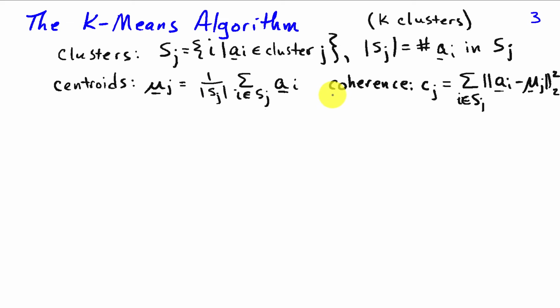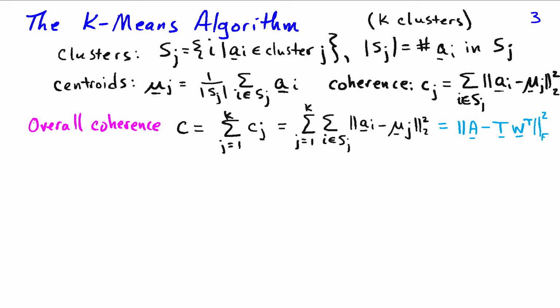Then we'll define the quality of a cluster based on the coherence, which I'll denote as C sub j, which measures the squared error between each vector and the cluster centroid, summed over all the vectors in that cluster. We can define a global measure of the quality of our clustering using the overall coherence, which is just going to be the sum of the coherences for each cluster.